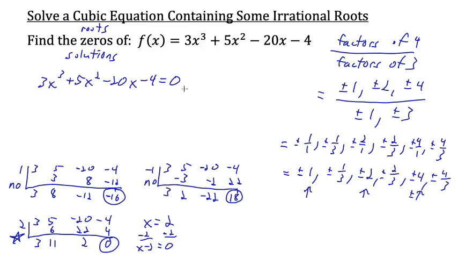So now let's go ahead and write this using x minus 2 as a factor. So I have x minus 2 times, well, that would be 3x squared plus 11x plus 2, still equals 0. So I rewrote this cubic polynomial as the product of a binomial and a trinomial.